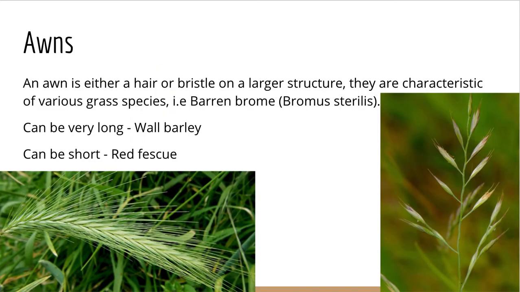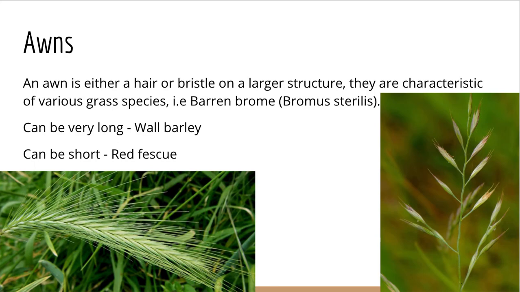Giving more definition about awns. An awn is either a hair or bristle on a larger structure. They are a characteristic of various grass species, for example Barren Brome, or its Latin name Bromus sterilis. They can be very long, like wall barley, and they can be very short, like red fescue.